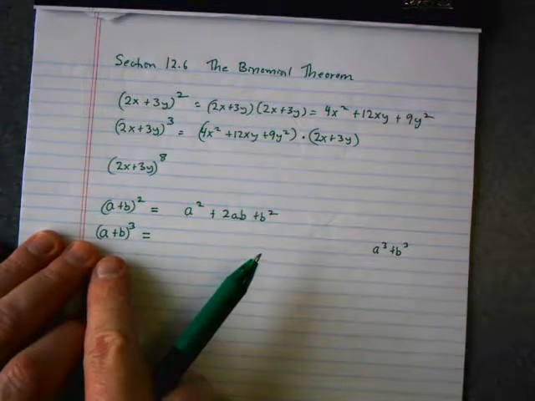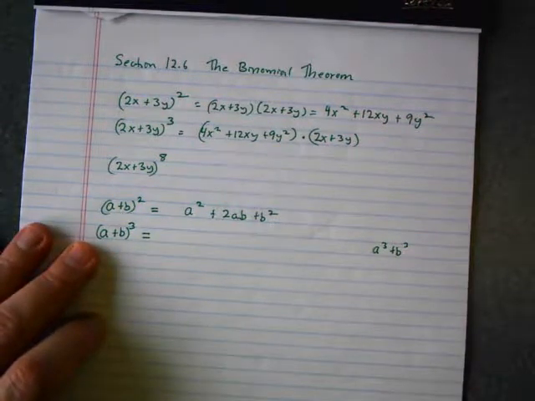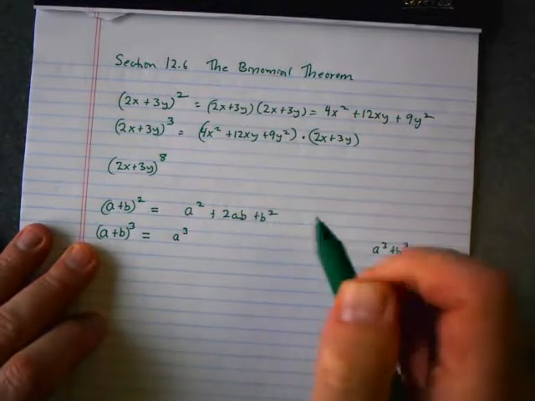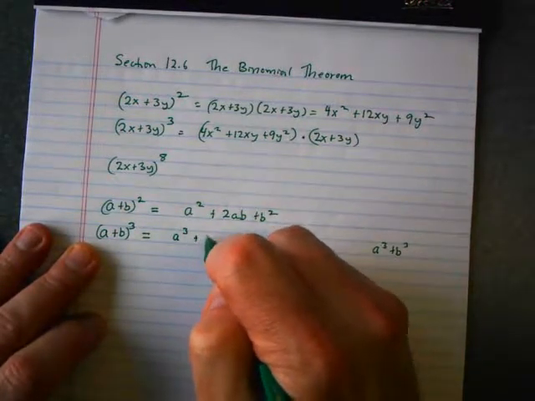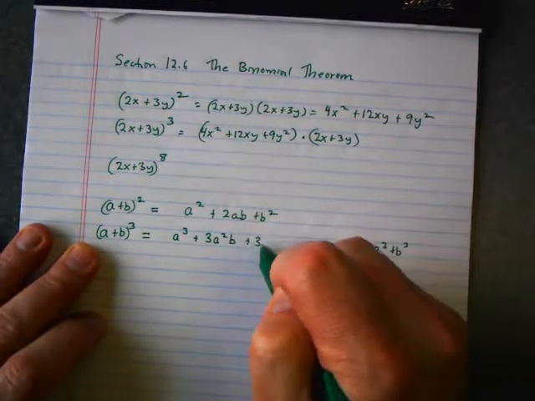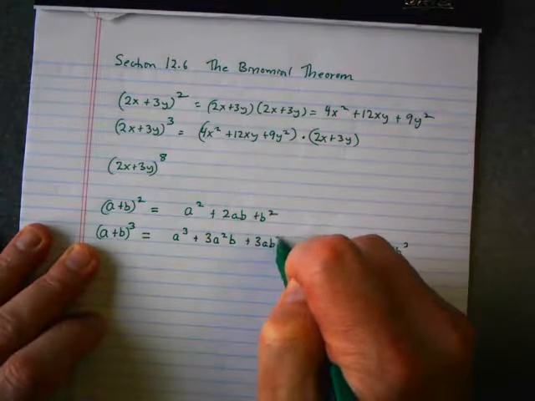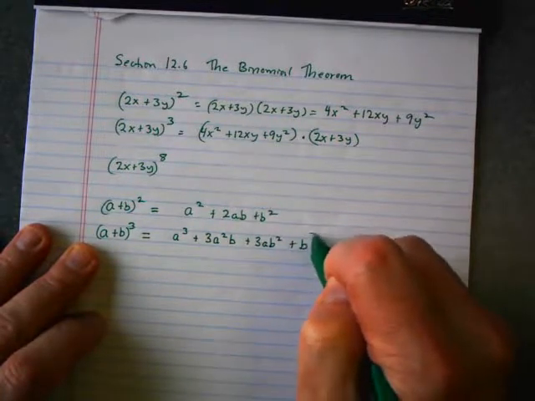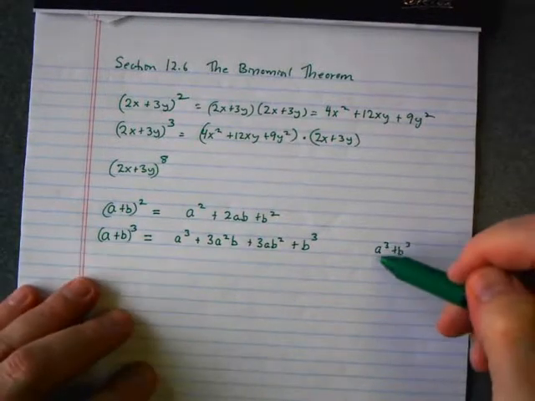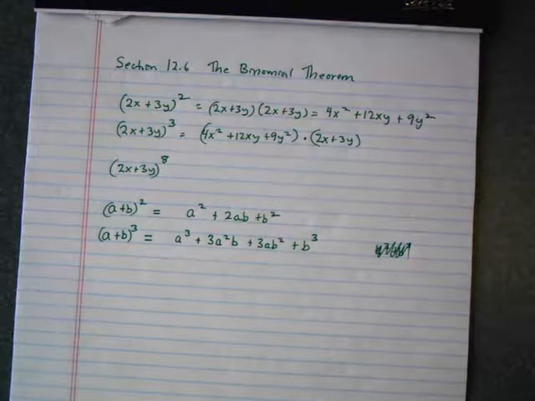Anybody remember the formula for taking a plus b and cubing it? You happen to get a cubed plus 3a squared b plus 3ab squared plus b cubed.